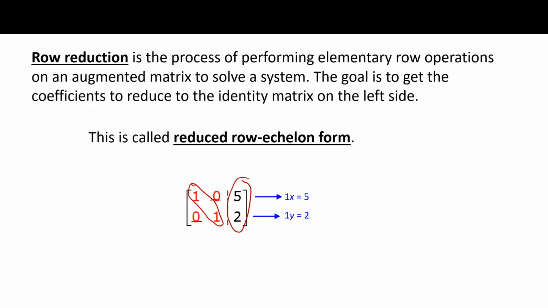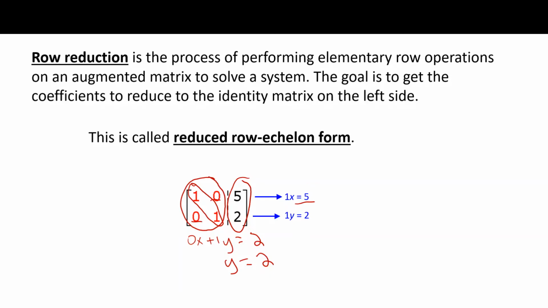This says 1x plus 0y equals 5, so we can see that x equals 5. And this says 0x plus 1y equals 2, so y equals 2.